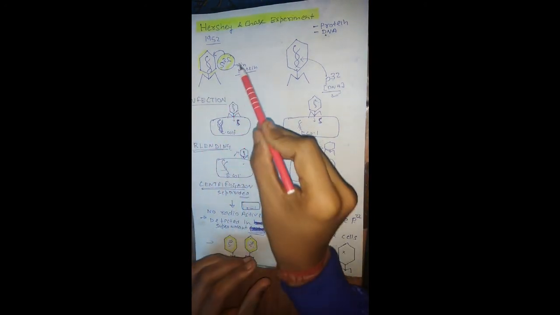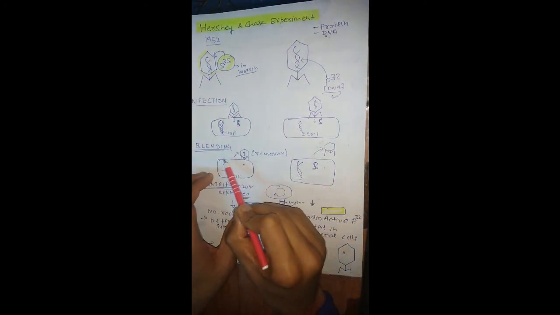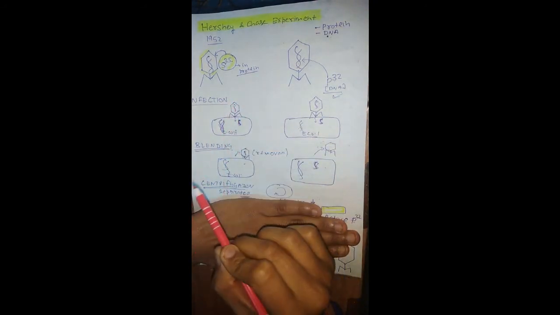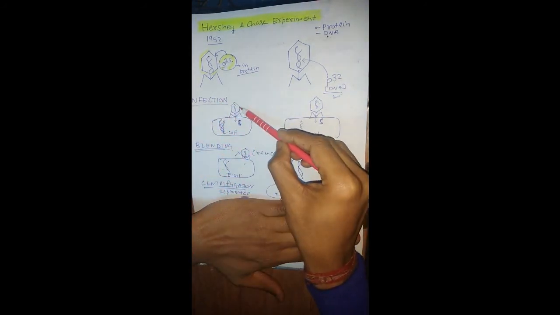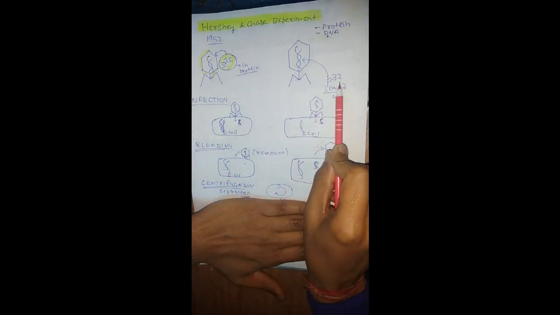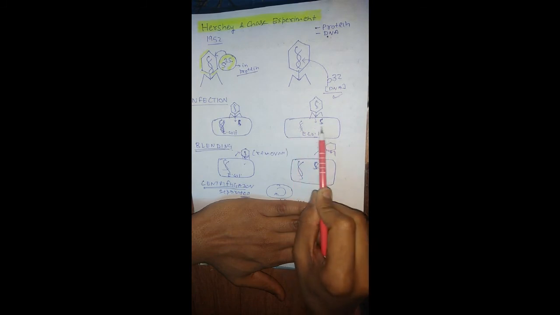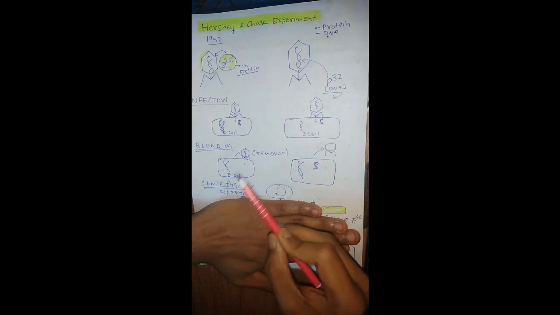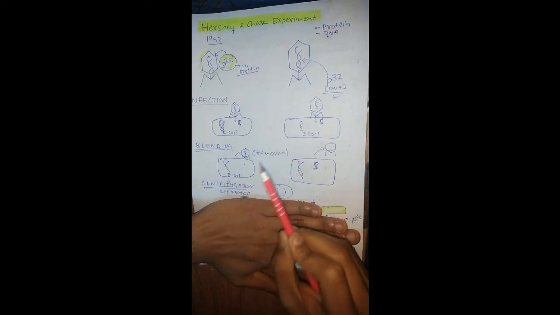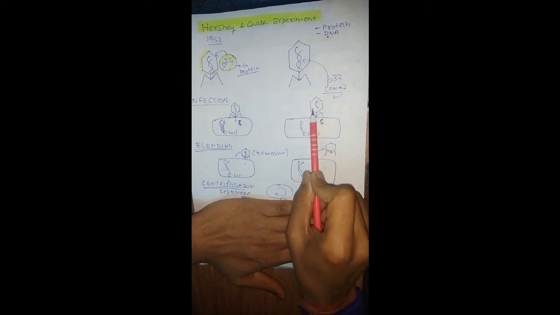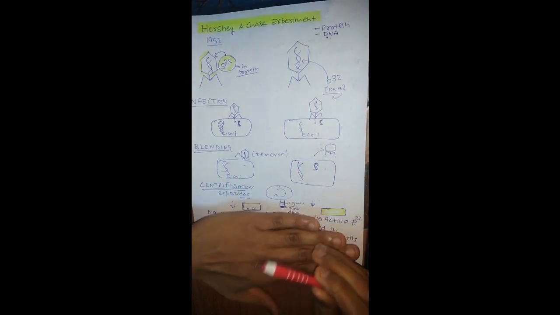So if we get sulfur 35 in our result, then we will say that protein is a genetic material because it passed from bacteriophage to E. coli. And if we get phosphorus 32 in our E. coli cell, then we will say that DNA is a genetic material because it passed from the bacteriophage to E. coli. Now let's look at the result.